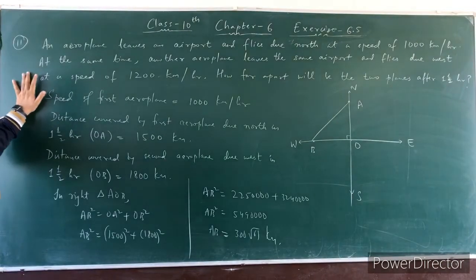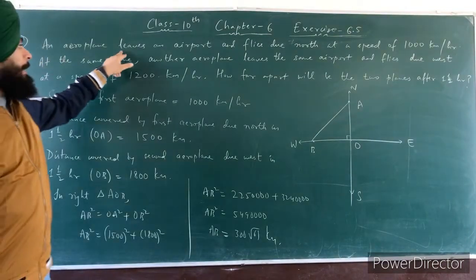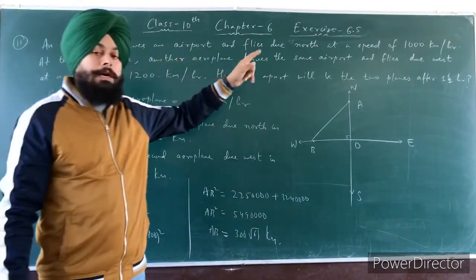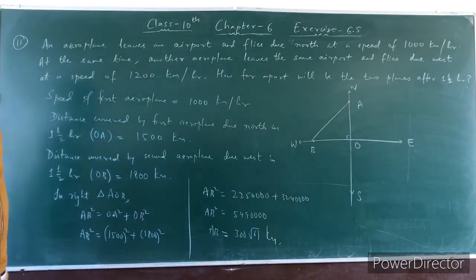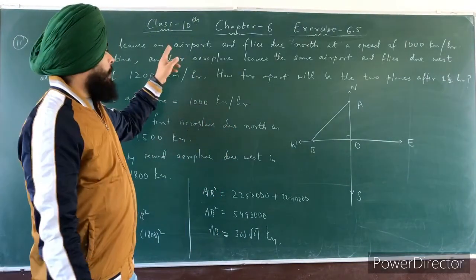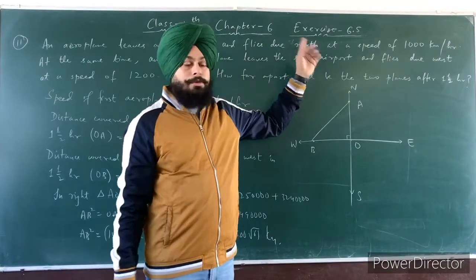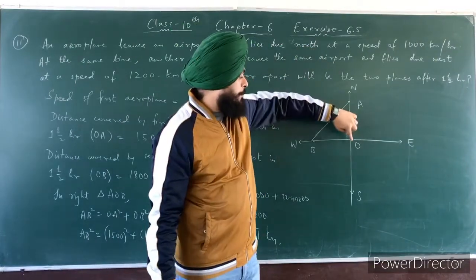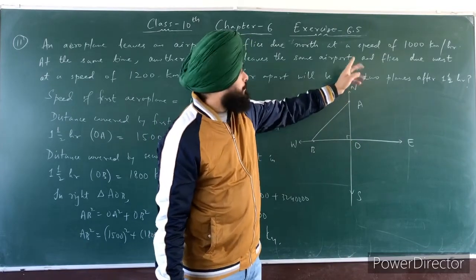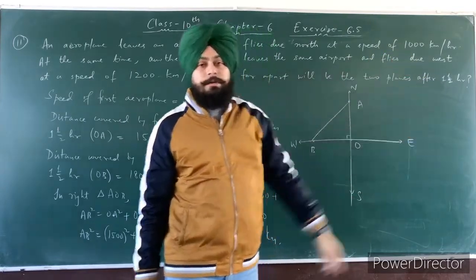This is your question number 11. An aeroplane leaves an airport and flies due north at speed of 1000 km per hour. So suppose the initial point is at O. The plane flies due north at the speed of 1000 km per hour.